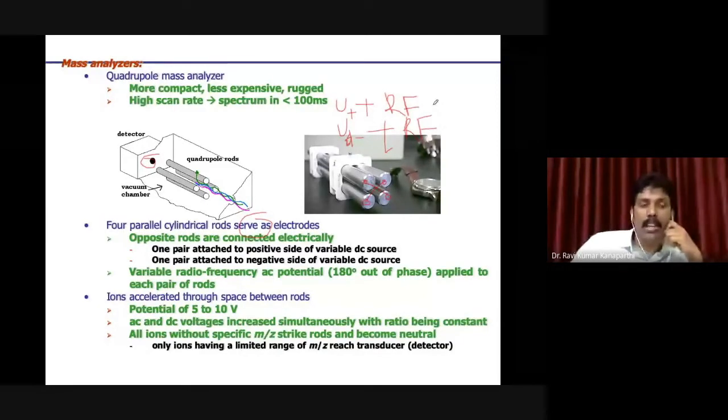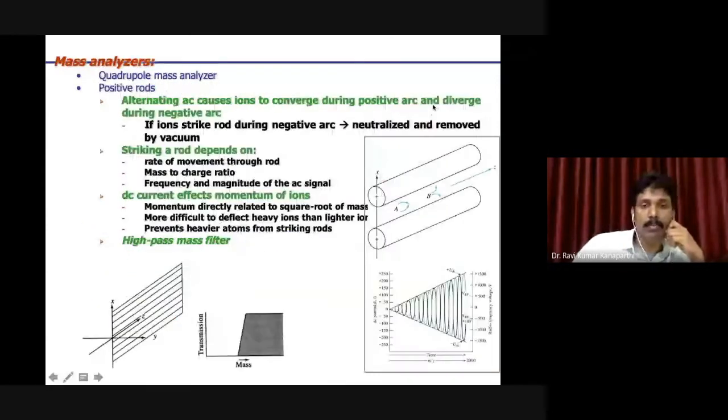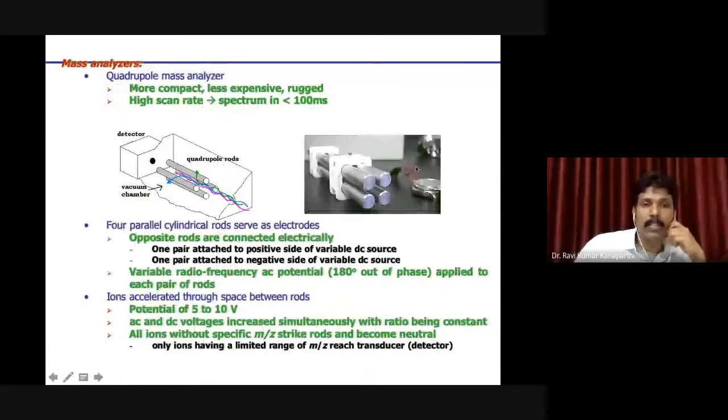One can allow one type of ion to pass through at a given time, whereas the others will collide. You can see in the animated diagram that different ions are coming in. Only the pink ones are going through. But if you change the values of the voltage and the other parameter, then the others may reach. Okay, so that is the general principle of the quadrupole ionizer.